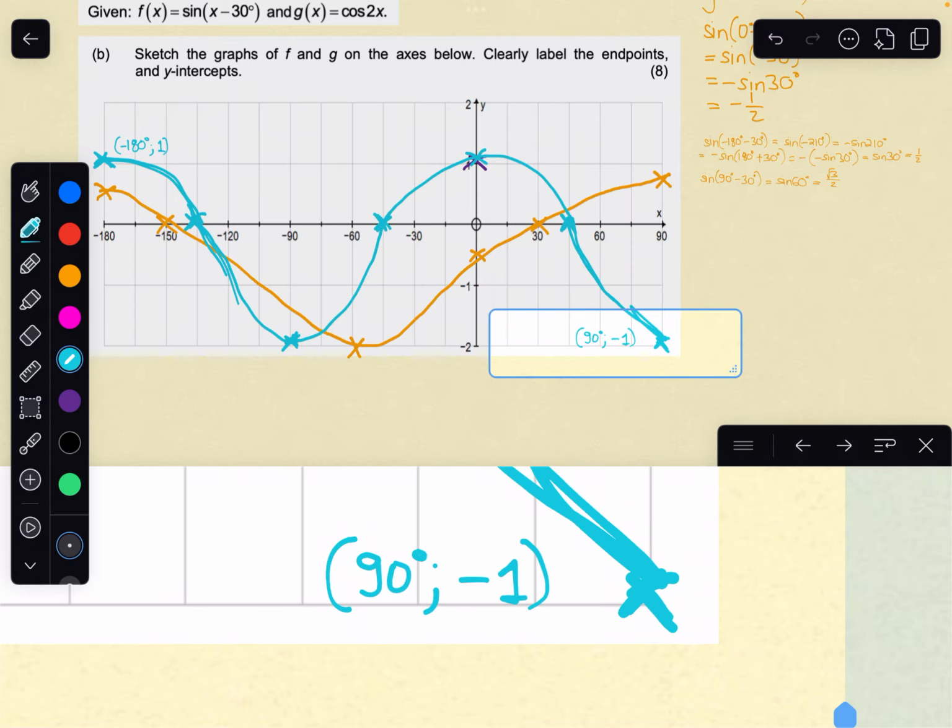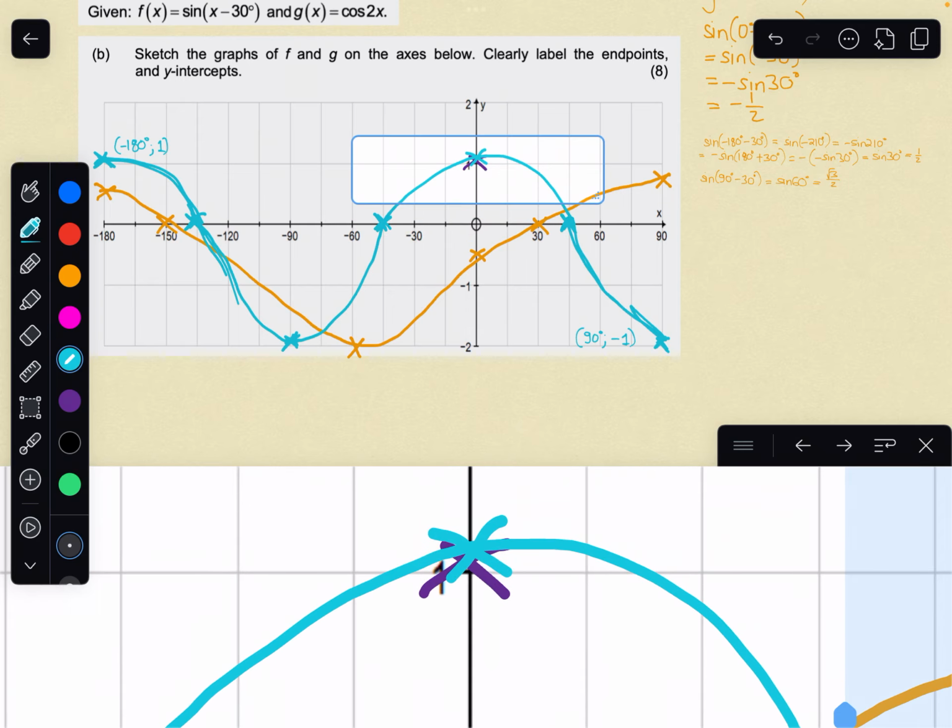And then we were asked to label the y-intercept as well, so that will be 0 and 1. Okay, so that's it for our y is equal to cos 2x. And I must also just label my graph. So this is the graph G.